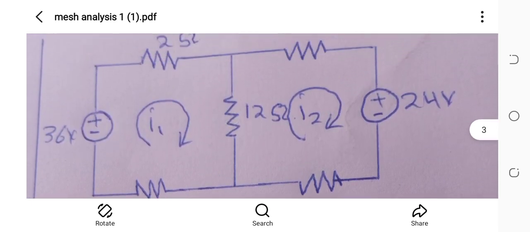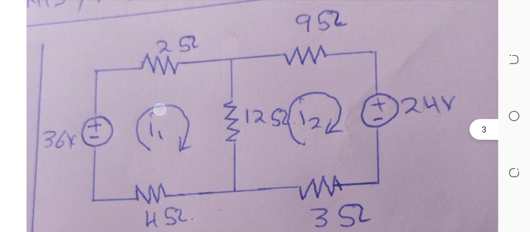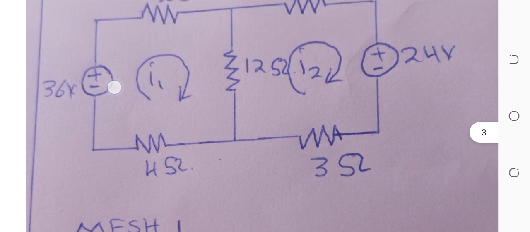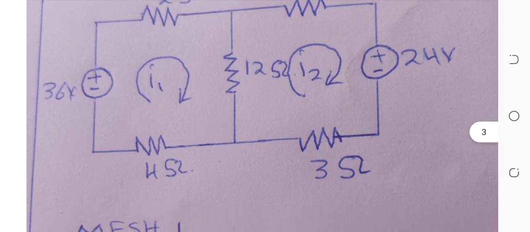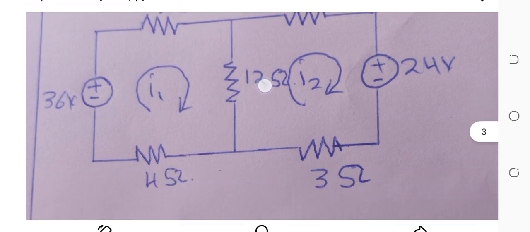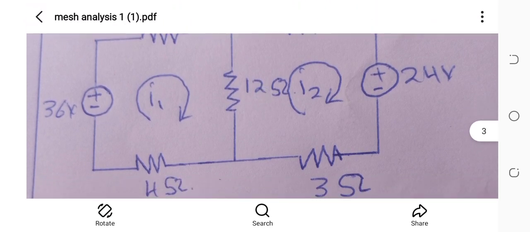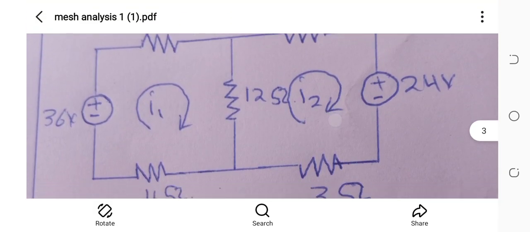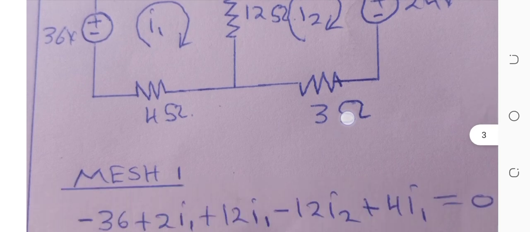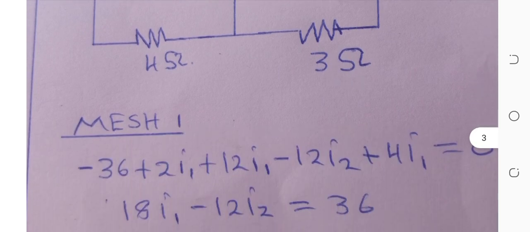Applying KVL on this mesh, we have negative 36, then plus 2i1, then plus 12i1 minus 12i2 because of the current i2 going this way, then plus 4i1 equals what? To 0. The summation of all voltage drops along a loop must give 0.